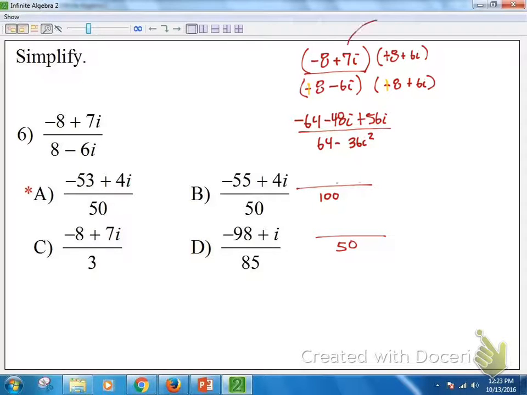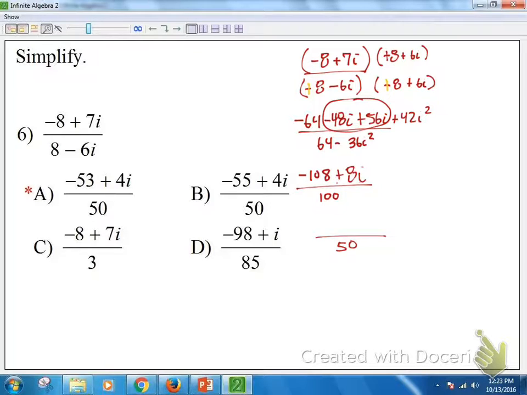And then 7i times 6i is positive 42i squared. When I do that, the numerator, we have negative 64, and we got positive 42i squared. 42i squared becomes negative 42, so negative 62 minus negative 42 is going to be negative 108. And the negative 48i plus 56i is positive 8i.